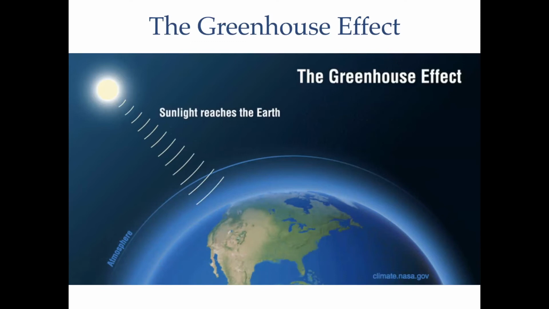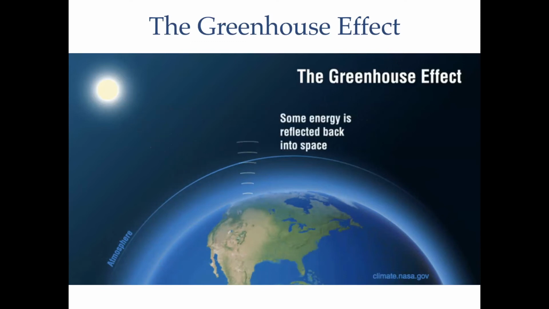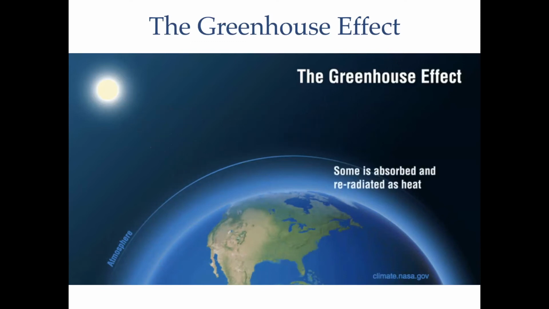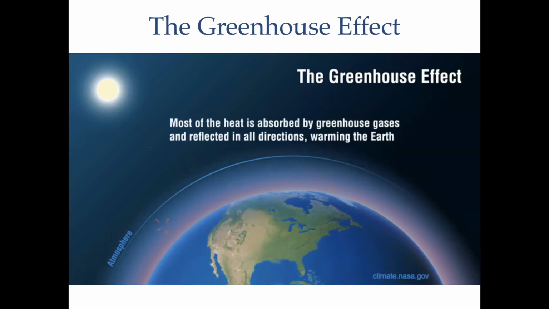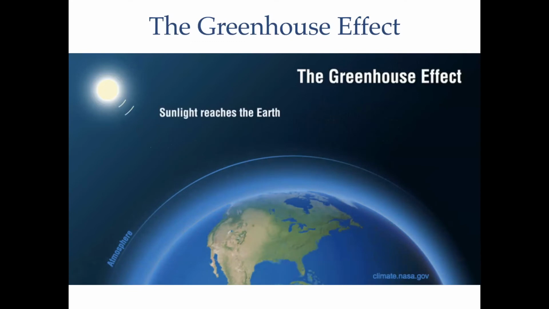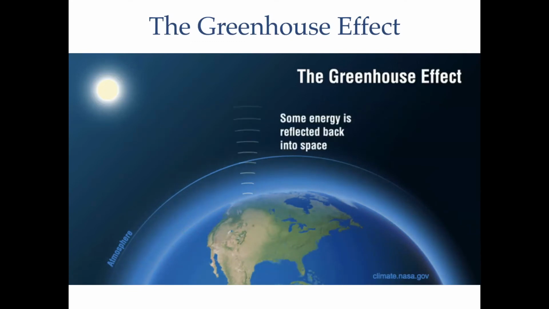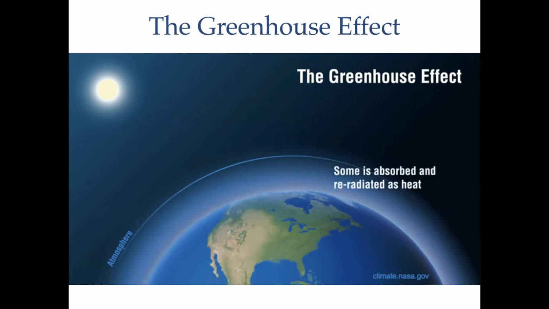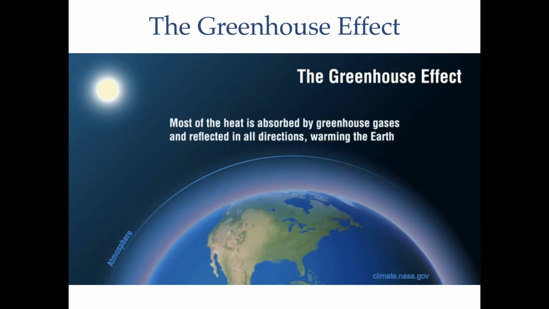What is happening with climate change and this greenhouse effect is that we have a lot of substances, gases in our atmosphere that are actually absorbing most of the heat that is reflected back, and instead of going out of the atmosphere, this heat is being trapped in our atmosphere and causing the earth to warm.